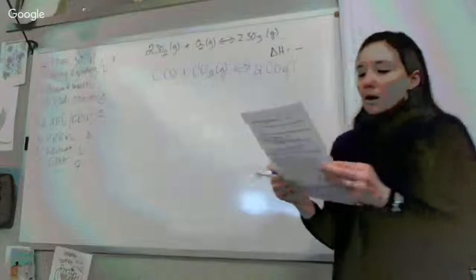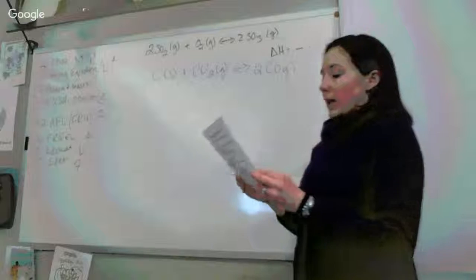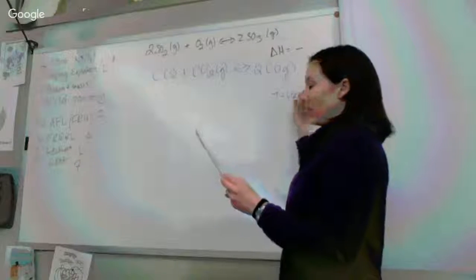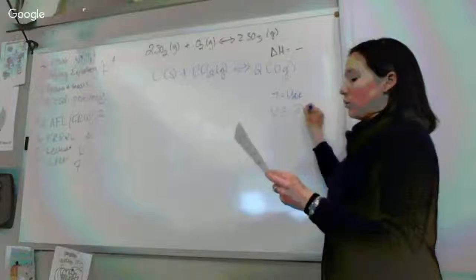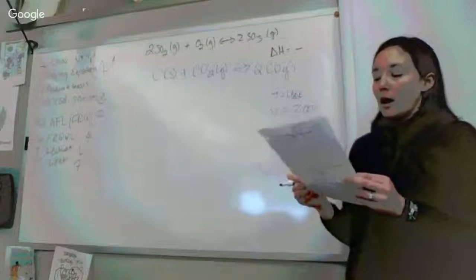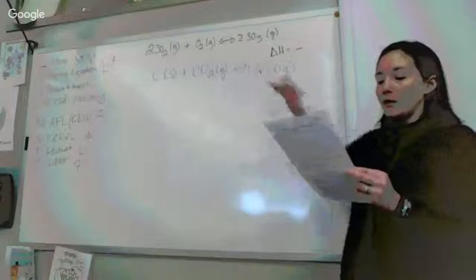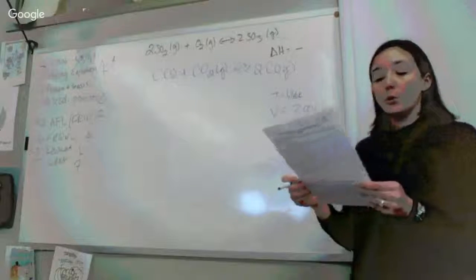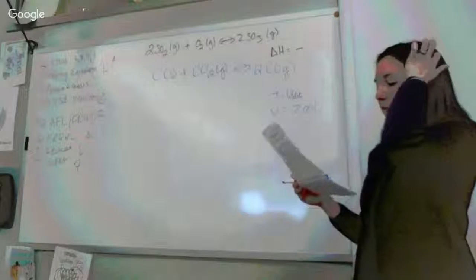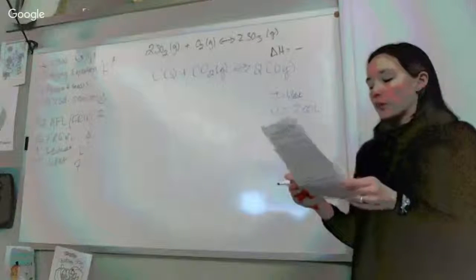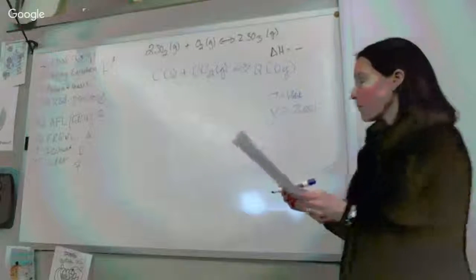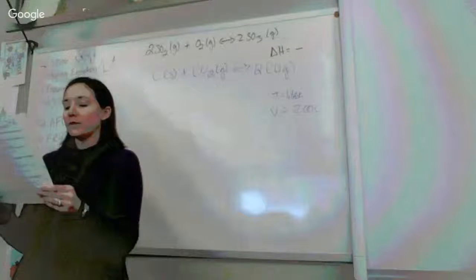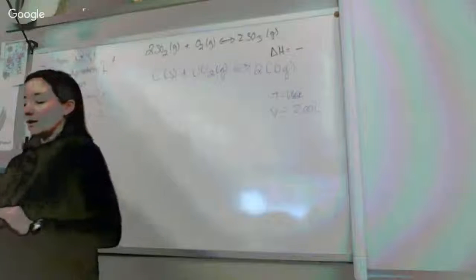Solid carbon and carbon dioxide gas have a temperature of 1,160 kelvins. They're placed in a 2-liter rigid container, and the reaction represented above occurs. As the reaction proceeds, the total pressure was monitored. When equilibrium was reached, there was still some carbon remaining in the container, and results are recorded in the table below. So A is asked to calculate the number of moles of CO2 initially placed in the container.